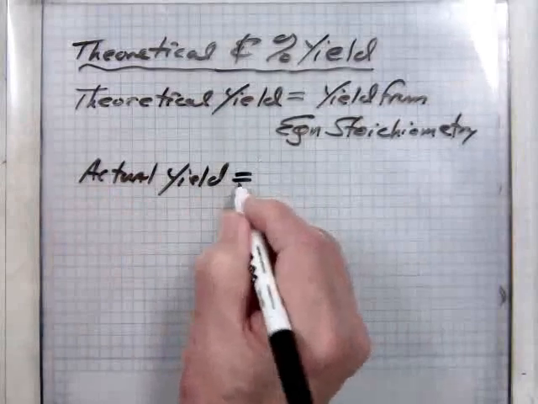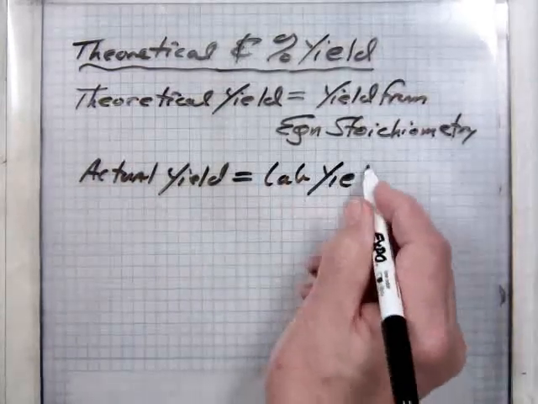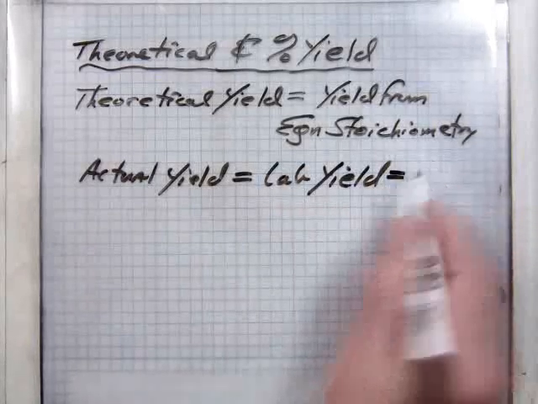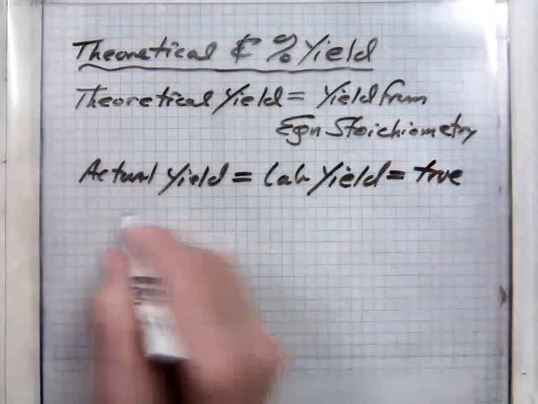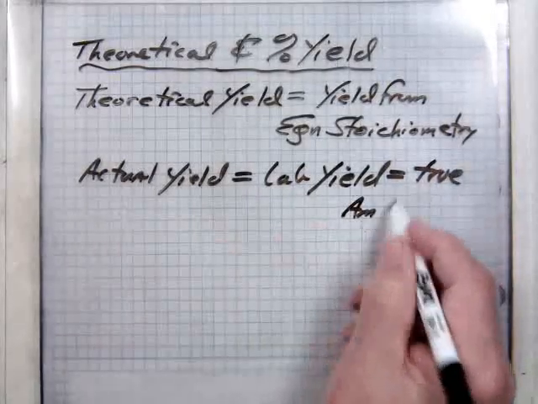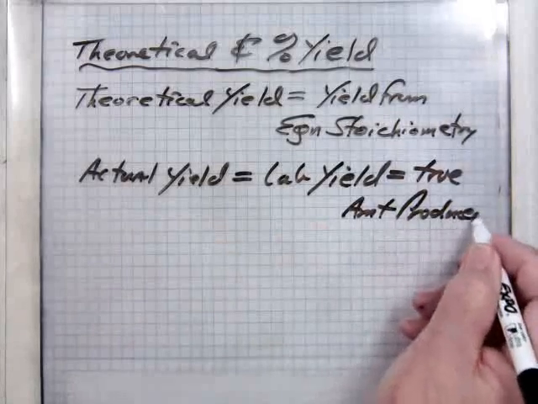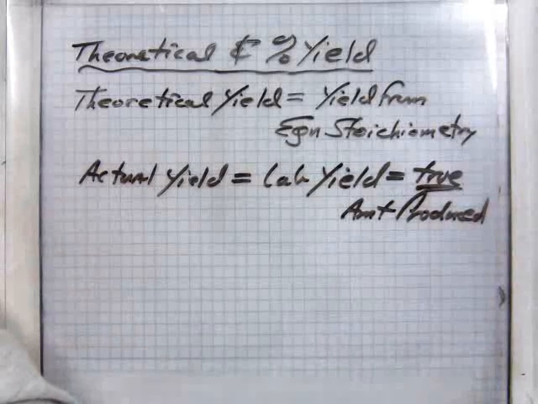or sometimes called the lab yield, is the true amount produced. True being actual, real, reality, whatever.